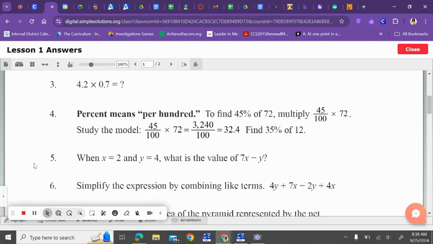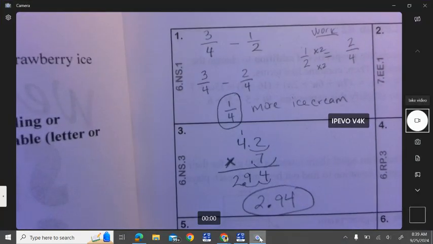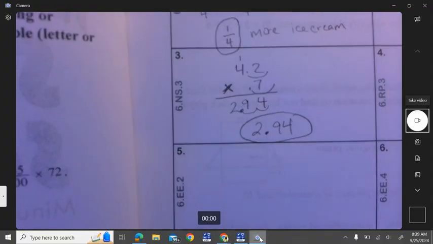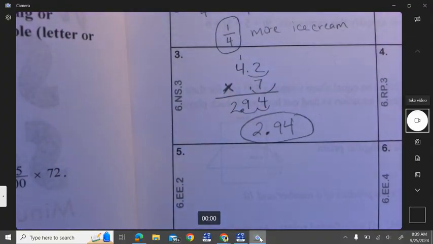Number 3 is multiplying decimals. So I'm going to use the multiplication algorithm, and then I'm going to do the decimals at the end. However many place values or swoops to the right I have to do, I do the same amount of swoops to the left. So that looks like this. I multiply it like normal.